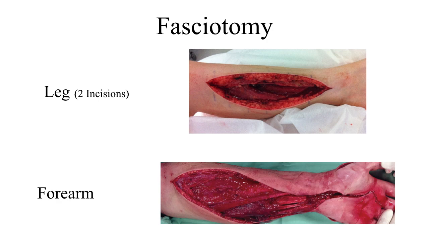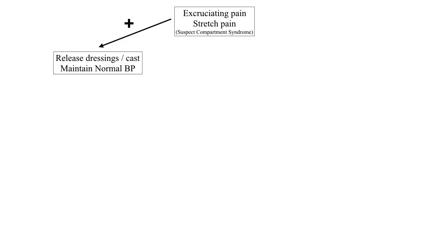Now, to summarize, whenever you suspect compartment syndrome by the presence of excruciating pain and stretch pain, you have to release the dressings and the circumferential cast till the skin and maintain a normal BP for a proper blood flow.